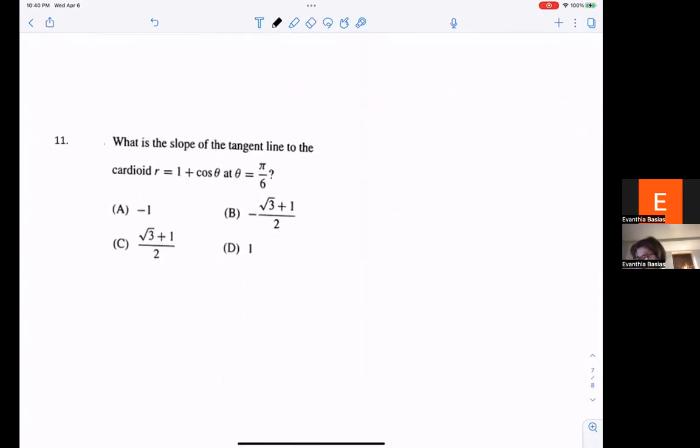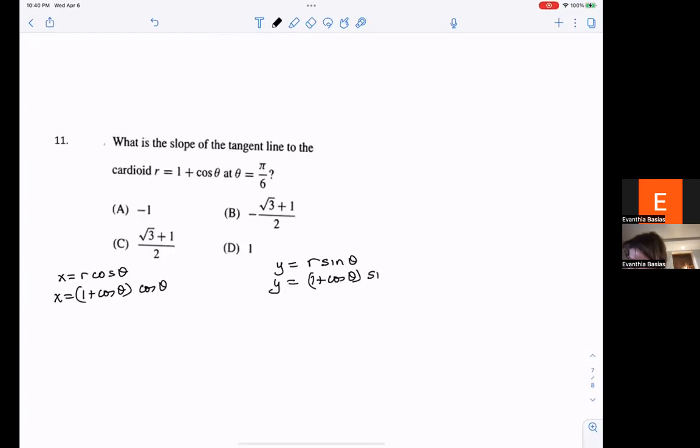11 involves work and it requires the steps we talked about. So let's do it. First, we're going to write it in parametric form. So what is r? r is 1 plus cos theta. x is 1 plus cos theta times cos theta, and y is 1 plus cos theta times sine theta.